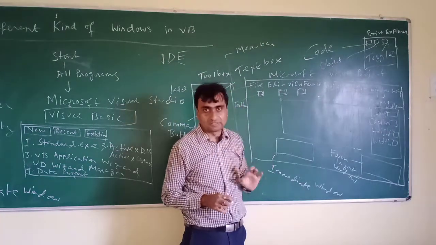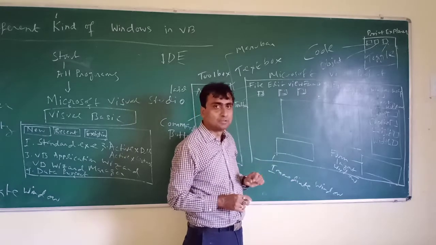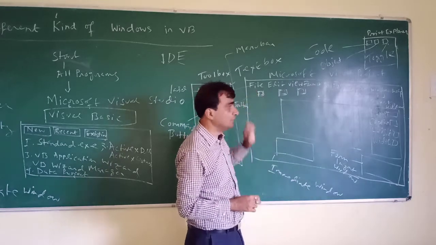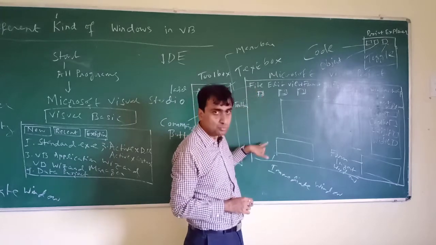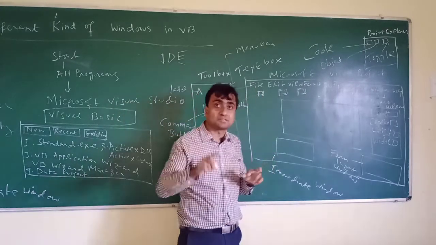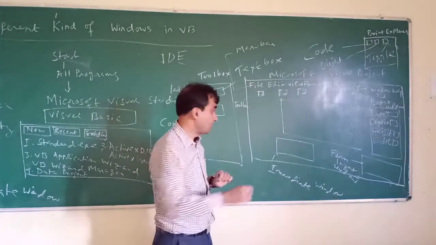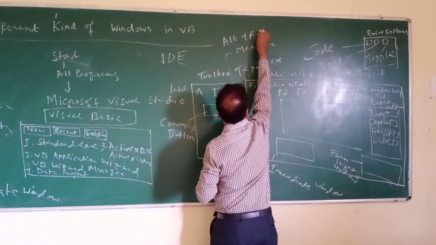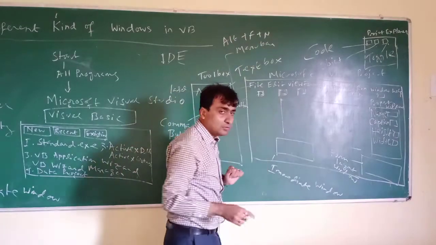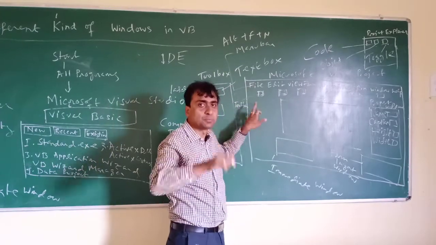I'll give you an example of the difference between toolbar and menu bar. If I want to open a file, I can go for File, New, or else I can press Alt F N. Now Alt F N also will open a file. And if I go for the file option New, that also will open a file.